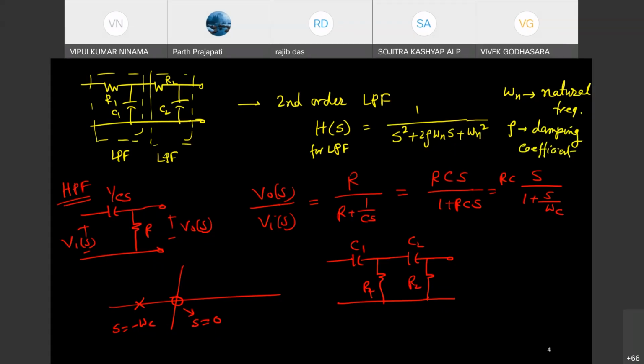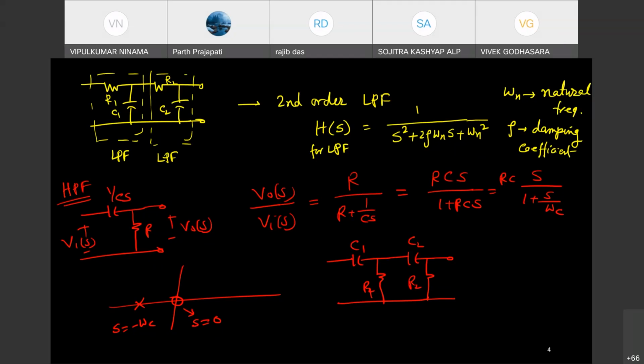Depending on zeta, the location of the poles could be real or in the complex plane. We can show that if zeta is more than 1, then the roots are real.